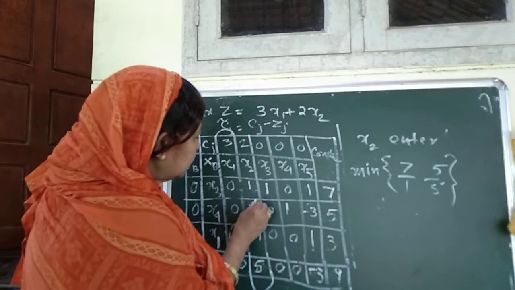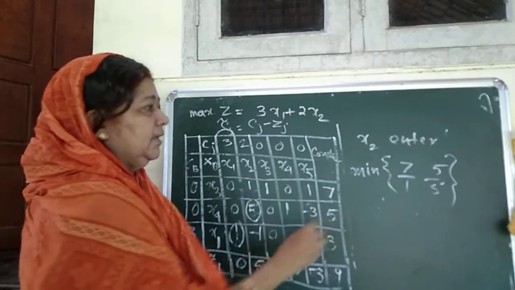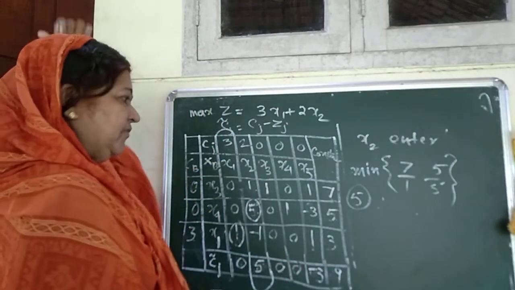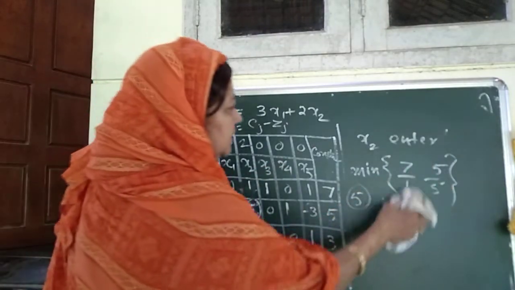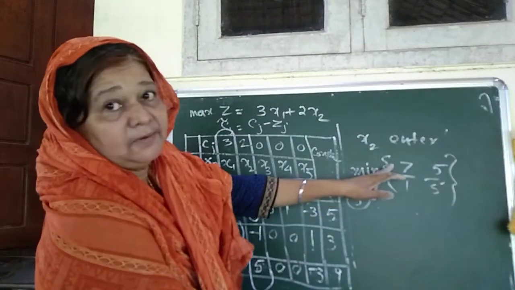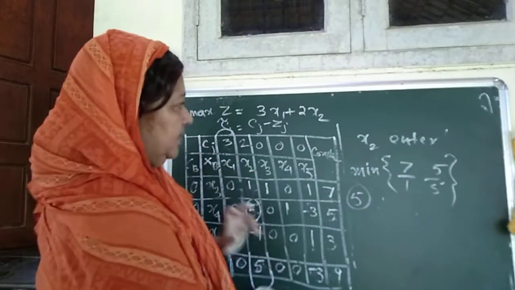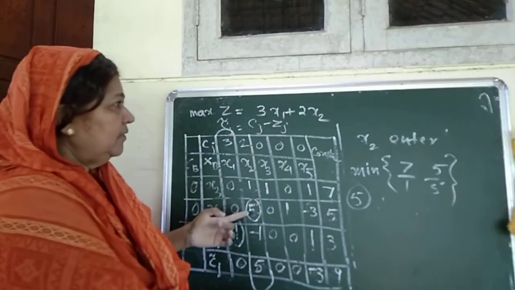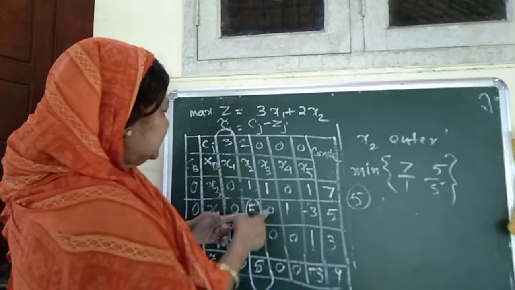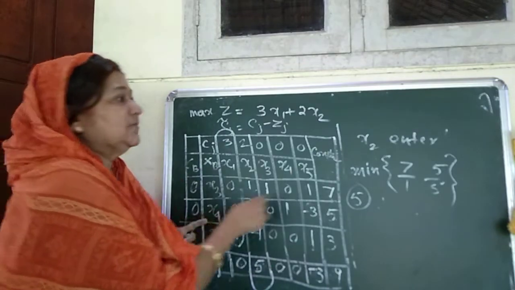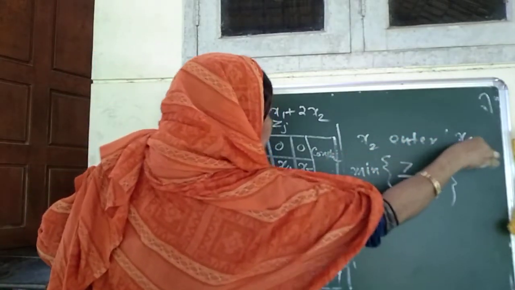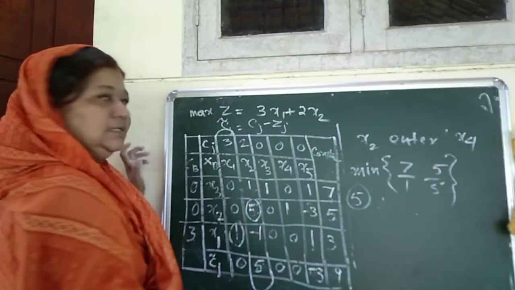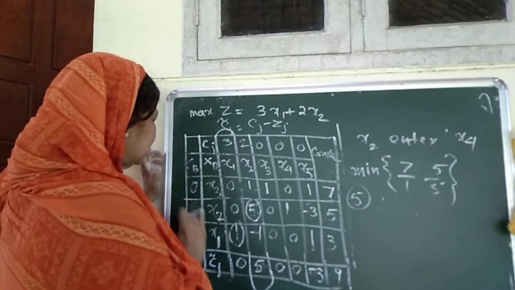1 corresponds to this value. Therefore, this 5 is the pivot element, and it is obtained by the minimum of 7 by 1 and 5 by 5. Then x2 enters. Which vector is removed? x4 is removed, and x2 enters. Then the cost coefficient associated with this is also changed.